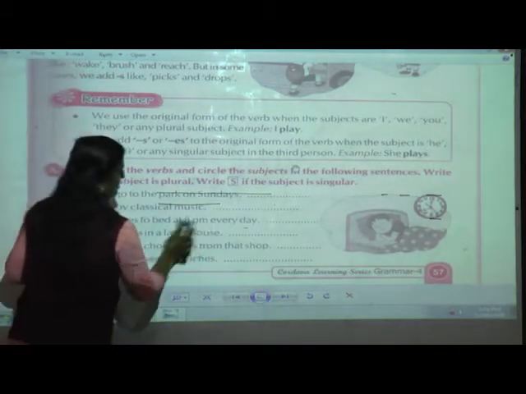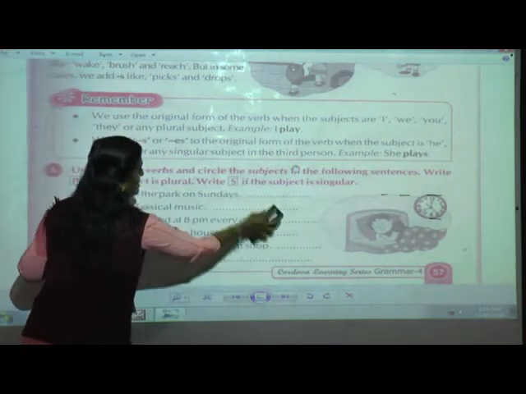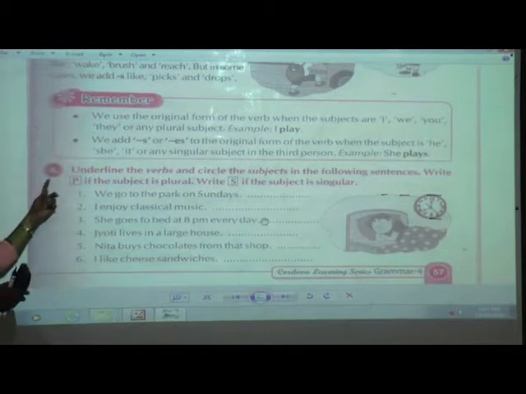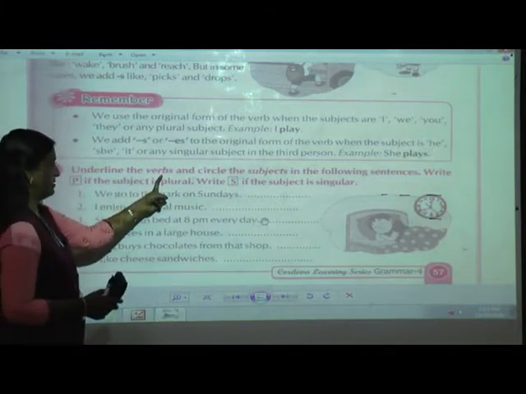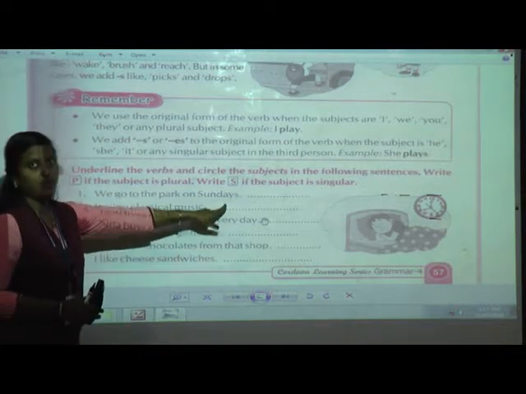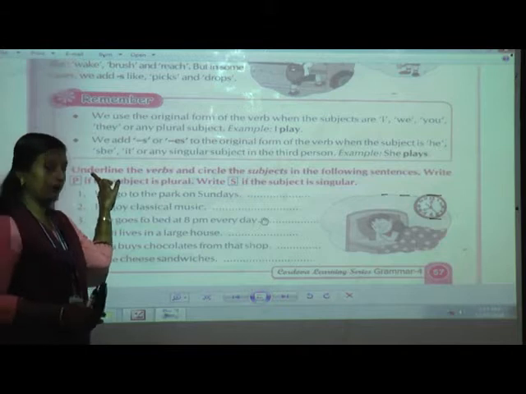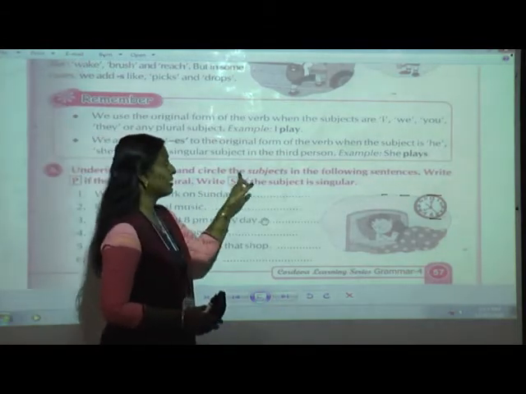Ready, students? As this is a big lesson, okay, so we will go first. Okay, what is exercise A? Underline the verbs. Here one sentence is given, so in this the verb will be there. What you have to do with that? You have to underline that, and you have to circle the subjects.